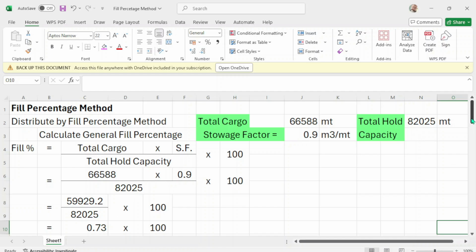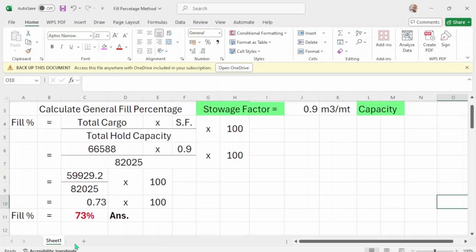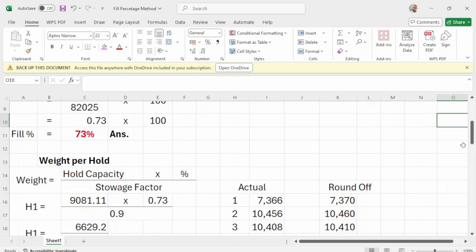So the percentage would be 0.73 or 73%. So first you have to work out how much percentage we are going to apply in each hold. Okay, then you apply the weight per hold.